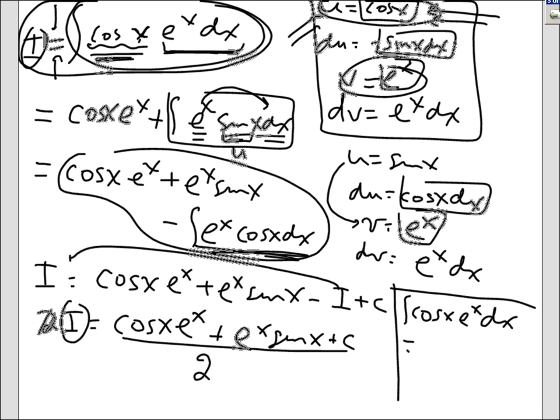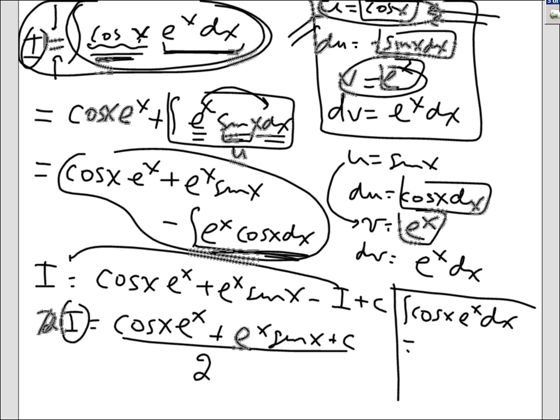It equals e to the x times cosine x plus sine x over 2, plus your constant. So sometimes when you integrate, you need to integrate by parts more than once.